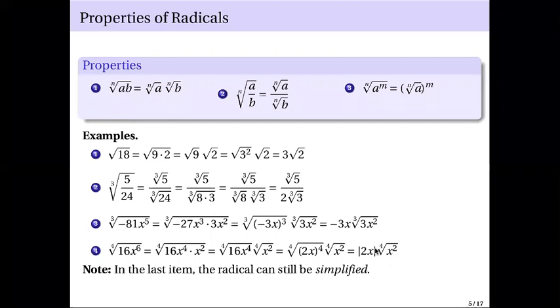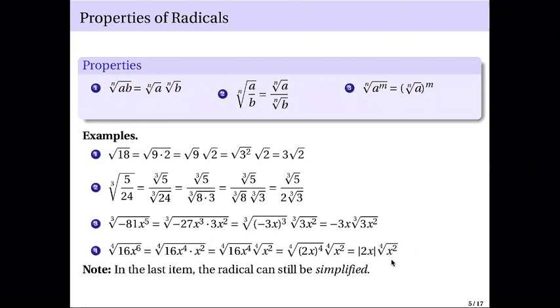If you have a power inside the radical, the exponent and the index must not have a common factor. Then we say that the radical is simplified.